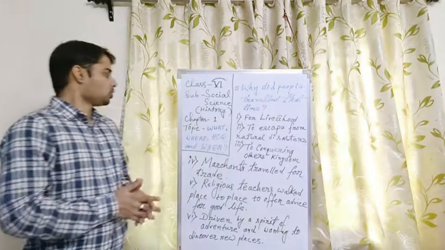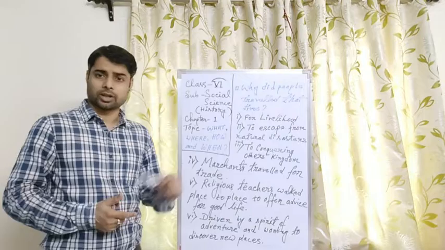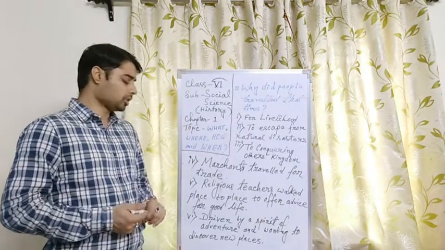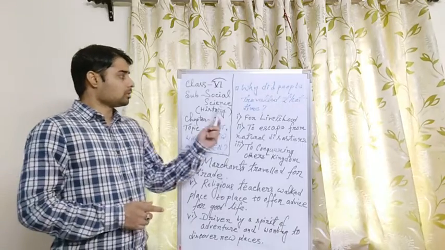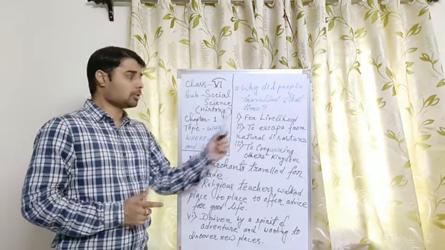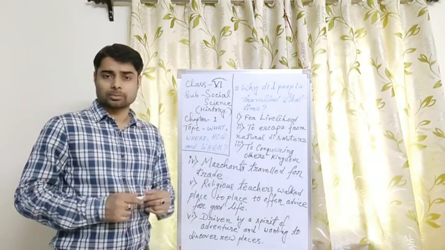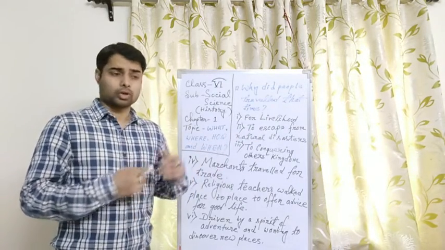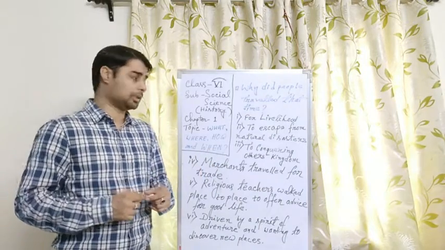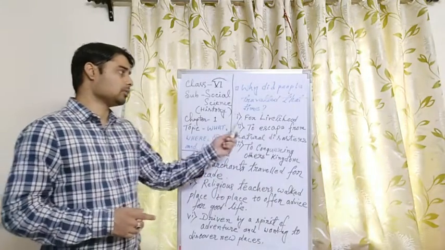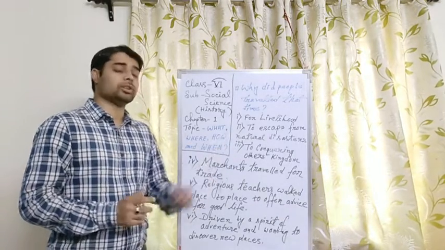There are 6 reasons, also mentioned in our book on page number 3. First reason is livelihood: people traveled from one place to another to collect food, to do agriculture, and to hunt animals. Number 2, to escape from natural disasters.